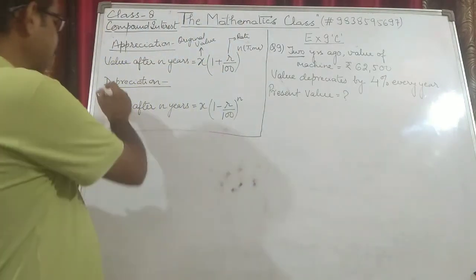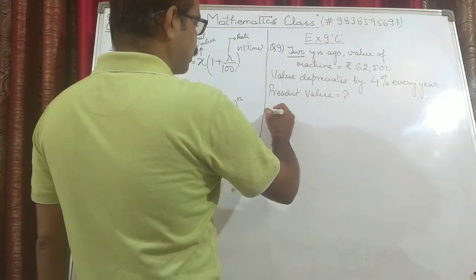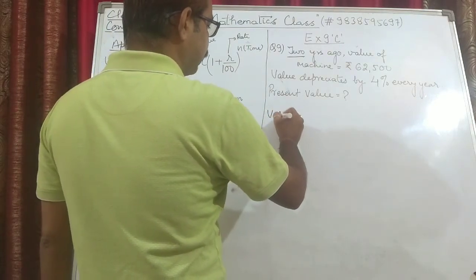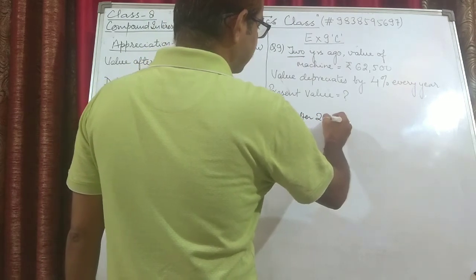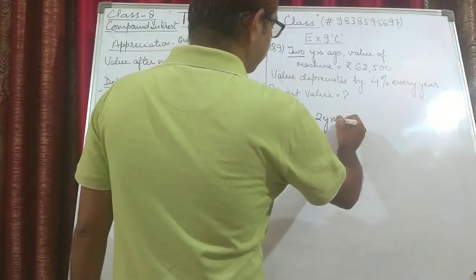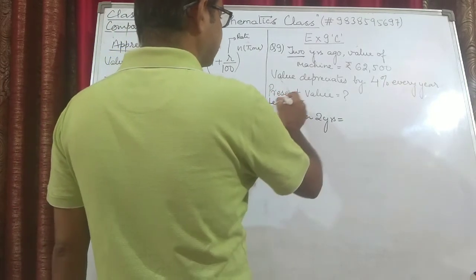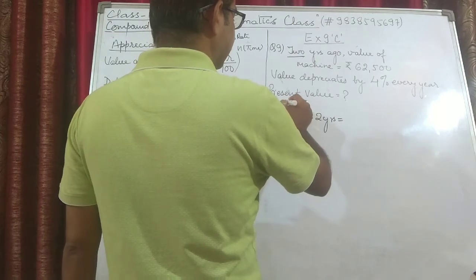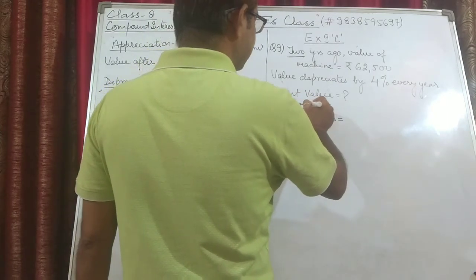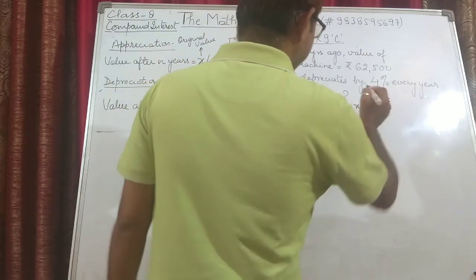So you can easily apply this formula of depreciation. So value after 2 years, because we have considered present value, let present value of the machine be x.